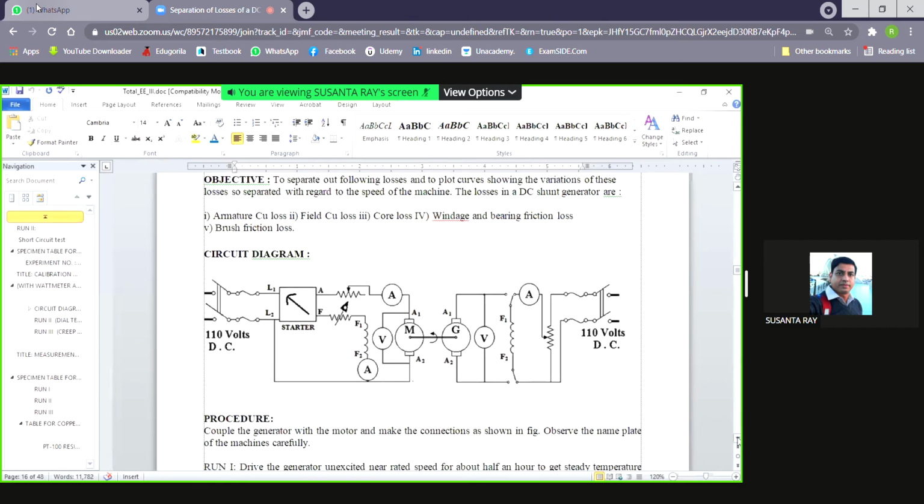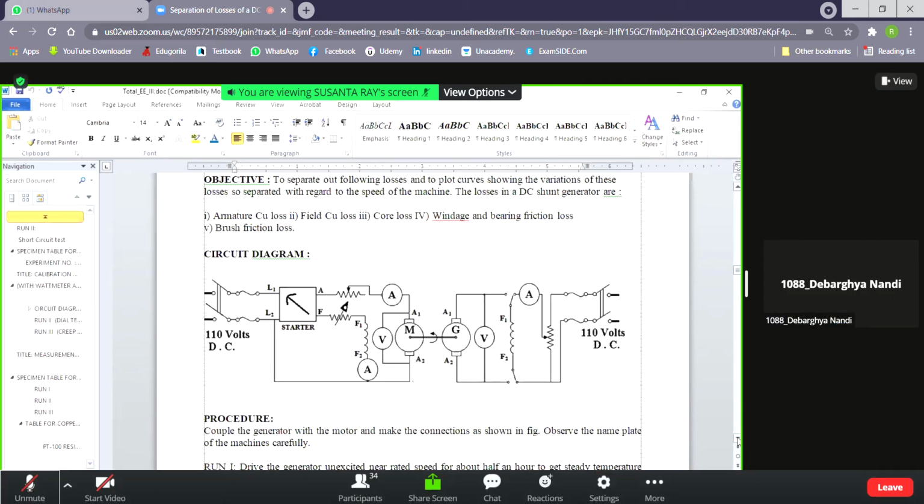Now this is the circuit diagram. Am I audible clearly now? Yes, sir. In the circuit diagram, how many DC machines can you see? 2, sir. 2 DC machines, and how are they connected? By a shaft, sir. So mechanically coupled. Mechanically coupled. Okay.